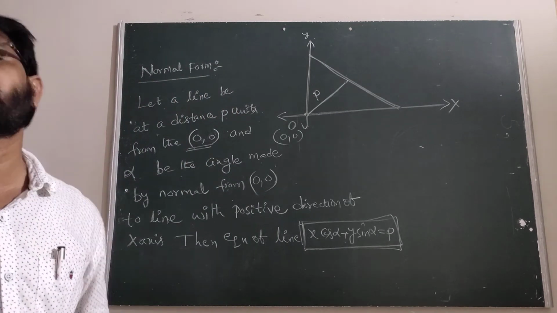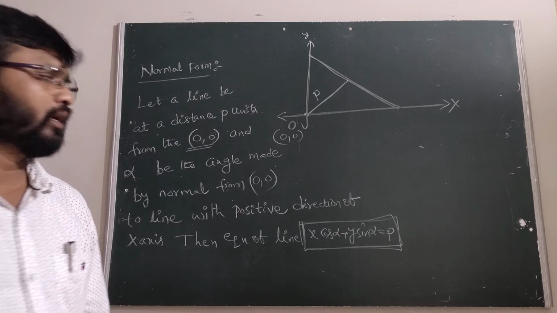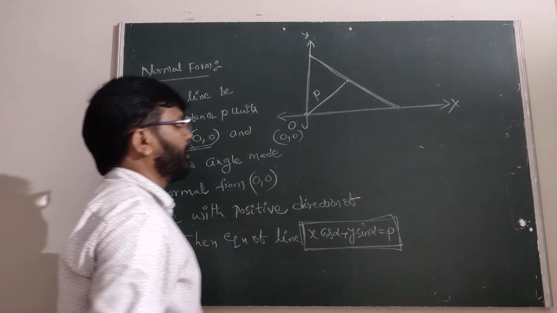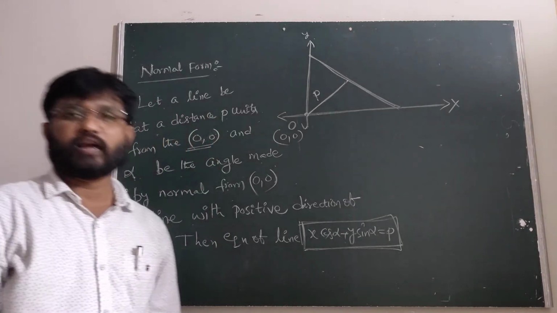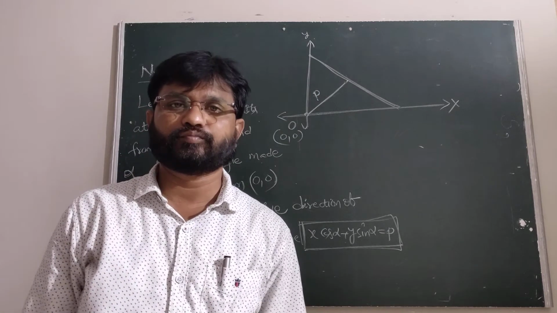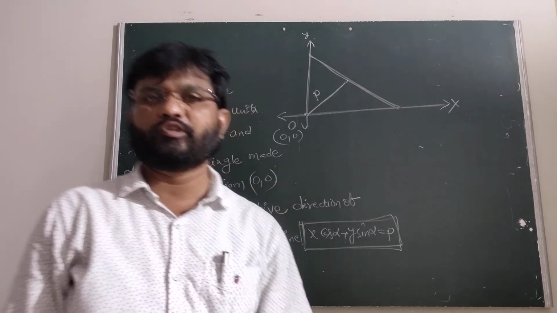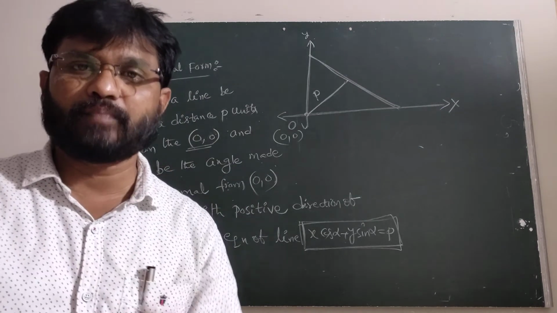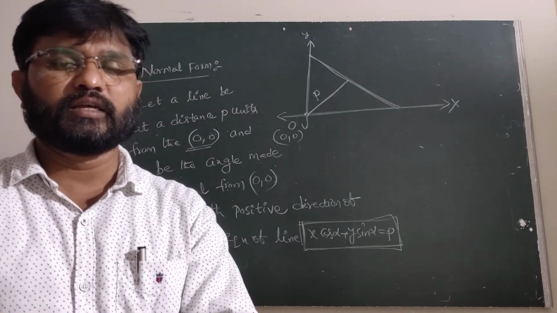All of you listen here carefully. Alpha be the angle made by the normal. Normal means it is perpendicular to the line. So a line is said to be a normal if it is perpendicular to the given line.